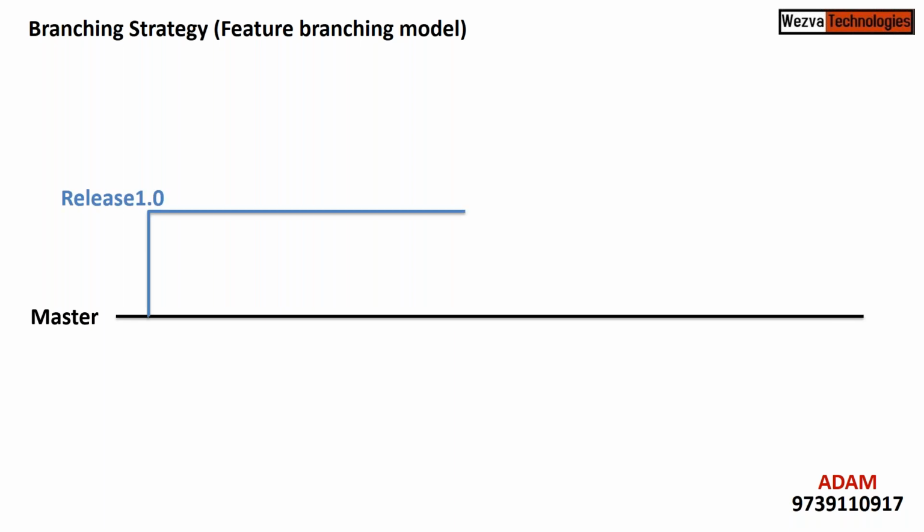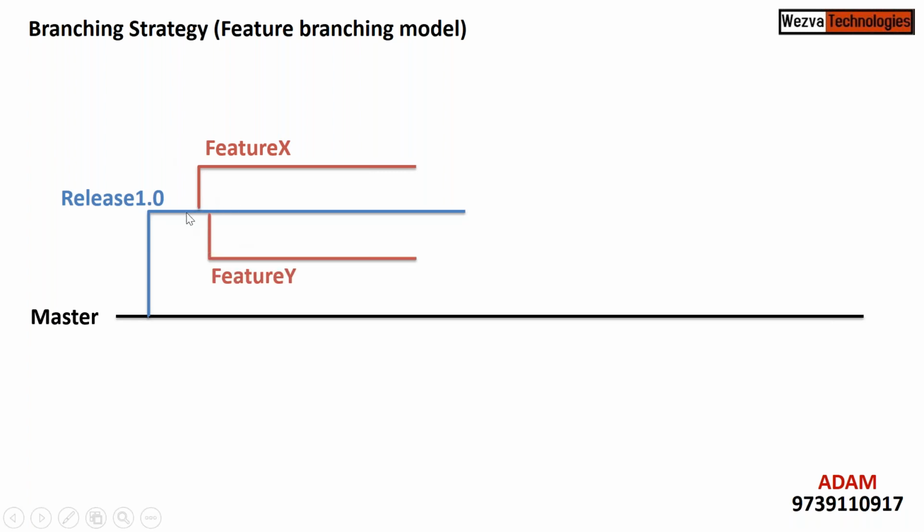One of the things we will do is first create a separate branch called a release branch, because from this branch we will be creating whatever features we want as feature branches. Suppose I have two features that I want to give in a release. Then we will first create a branch called release branch from the master, and then from this release branch we are going to create two separate feature branches.